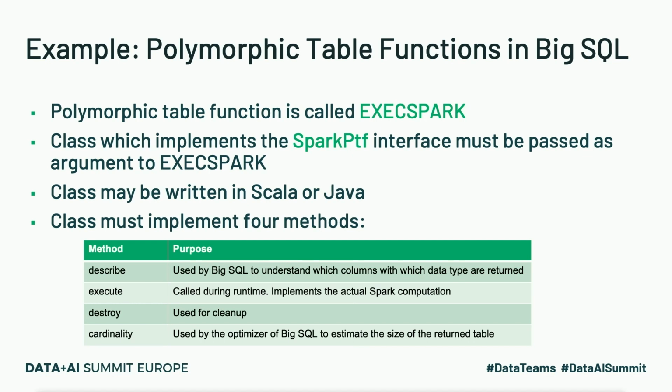And there's a polymorphic table function which is called execspark. When you're calling that table function, then you have to pass a class as argument, and this class implements the Spark PTF, like polymorphic table function, interface.